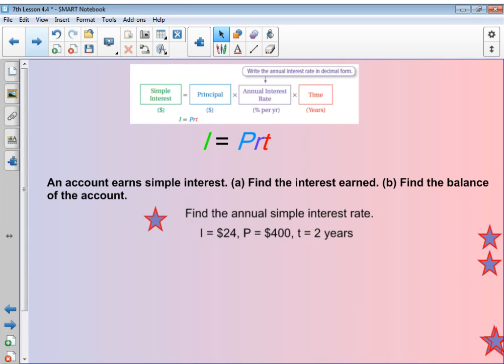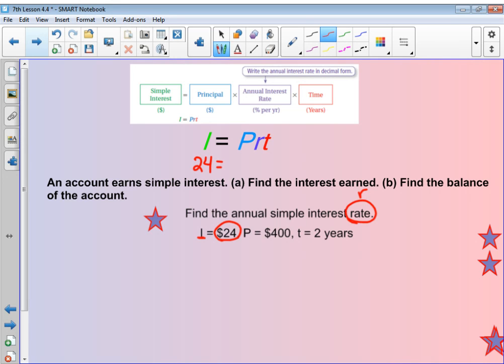Okay, so here it says find the annual simple interest rate. So this time they want us to find the rate. That's our R. They're going to give us all of the other information that we need. And they're telling us with the letters, the I is $24, so where I have an I, I'm going to write $24. Where I have the letter P, I'm going to write $400.